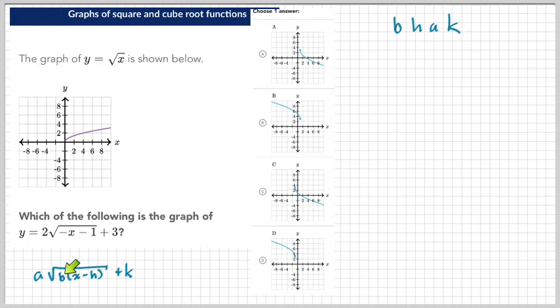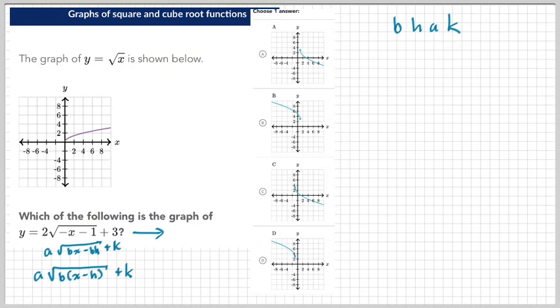Now, the B is not factored out right here. The B is actually inside. It looks more like this: A, BX, minus BH, which is kind of really confusing, plus K. See, if the B is with the H, it's hard to tell what the H is.